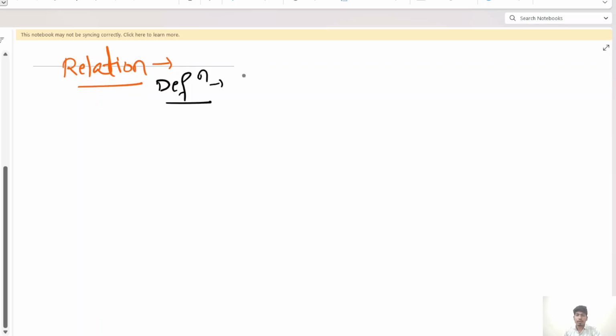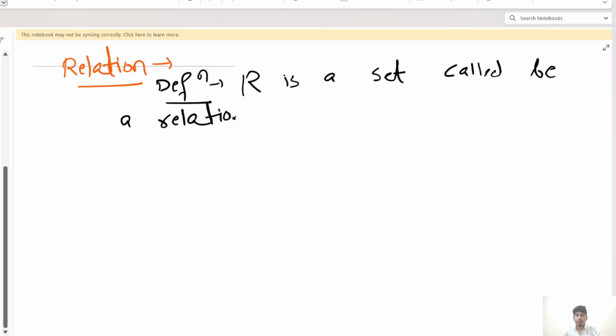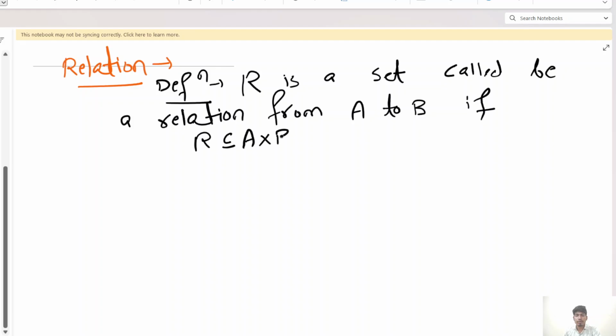Definition: R is called a relation from A to B if R is a subset of A cross B. If R is a subset of A cross B, then we say R is a relation from A to B.